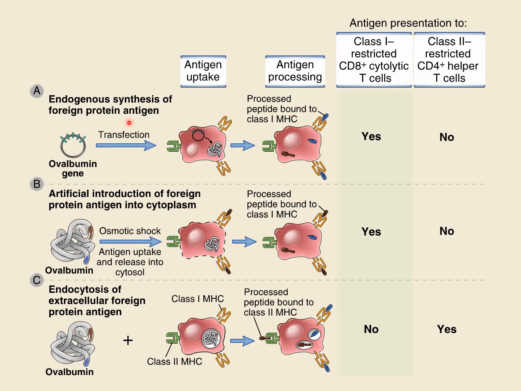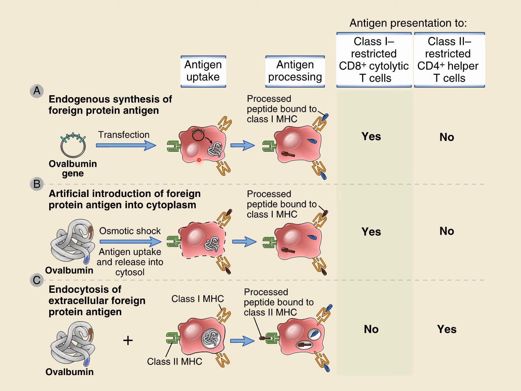Consider a protein antigen which is foreign in origin but is synthesized within the cell. For example, if we infect a cell with a gene which contains ovalbumin, this gene would be transcribed and translated within the cell, and this would be a foreign protein antigen which has originated within the cell.